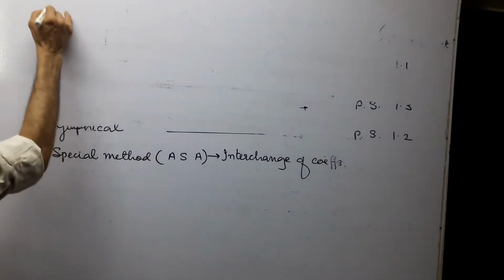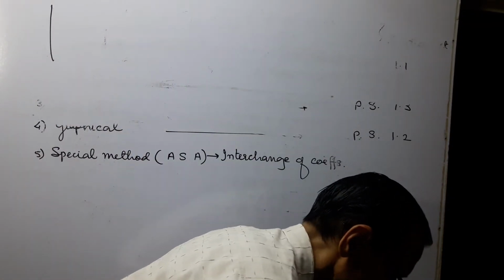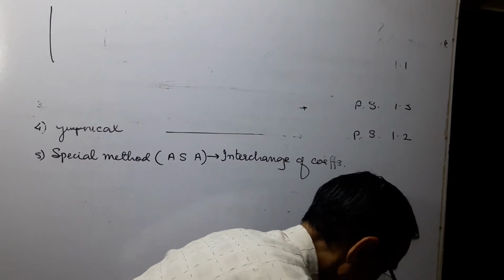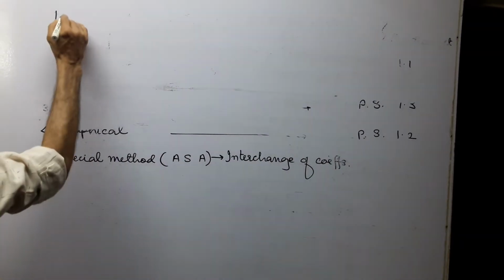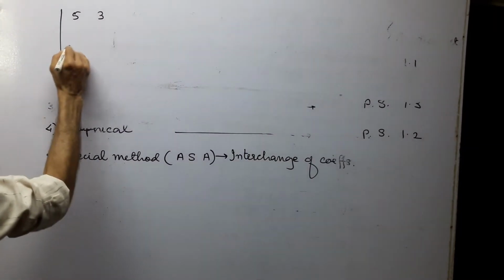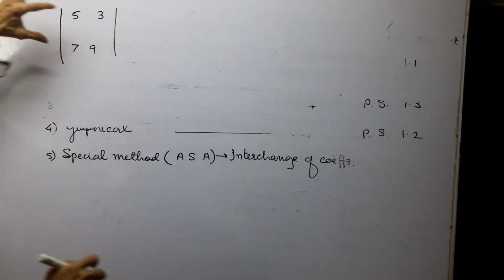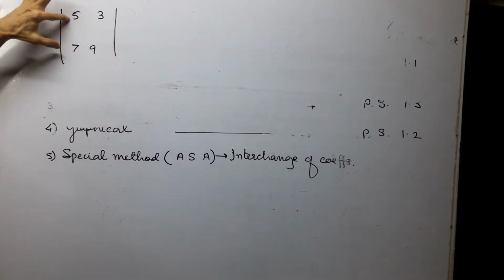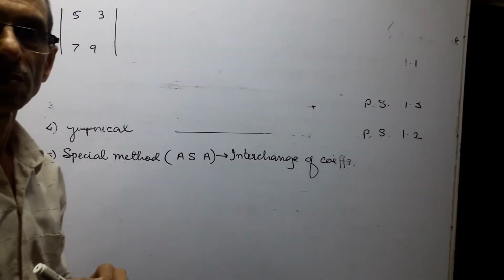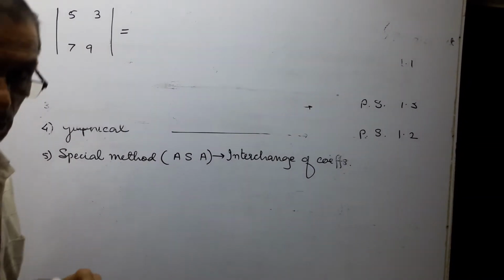For example, here you will find that four numbers are written in this way, and they are written between two vertical lines. Now, what is the meaning of this and how to solve this?